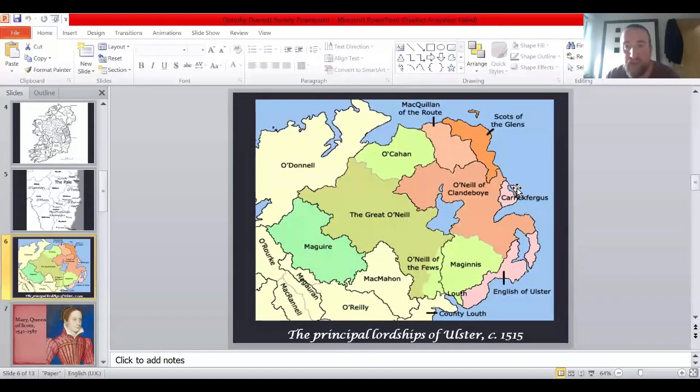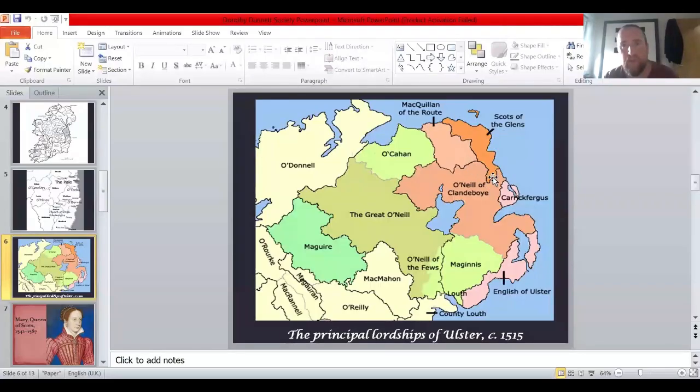So Carrickfergus Castle, if any of you are ever in Belfast or in Northern Ireland, it's well worth a visit. It's still pristinely preserved, and it's very impressive. Still a few English here, but the main thing to point out is that the Scots have a presence in Ulster. So this is down as the Scots of the Glens, but in reality, we might just change that to the MacDonalds of the Glens.